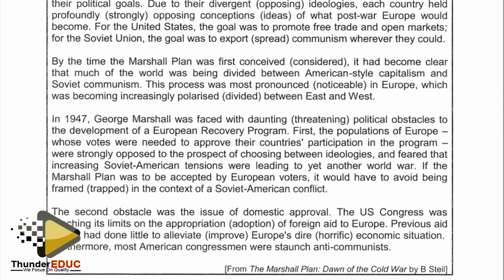Right. If we try to check here, we tend to find that he's talking about, we come here, the goal was to promote open markets. We did that. This process pronounced noticeable Europe needed to improve our country's participation in the program of strongly post ideologies. Right. It talks about the votes here.